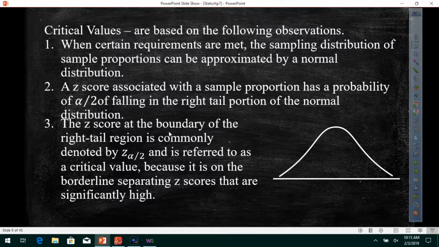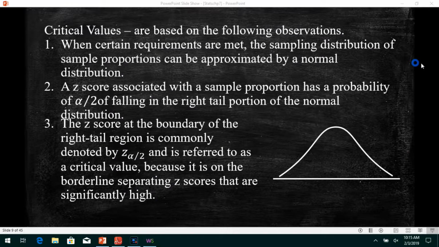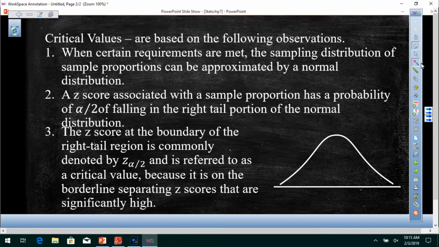Critical values are based on the following observation. When certain requirements are met, the sampling distribution of sample proportions can be approximated by a normal distribution. A z-score associated with a sample proportion has a probability of alpha divided by 2 of falling in the right tail portion of the normal distribution.